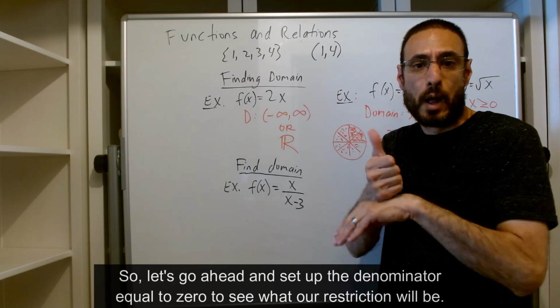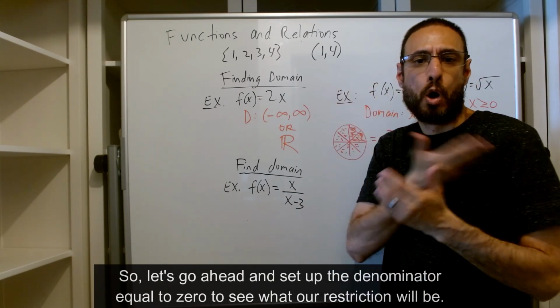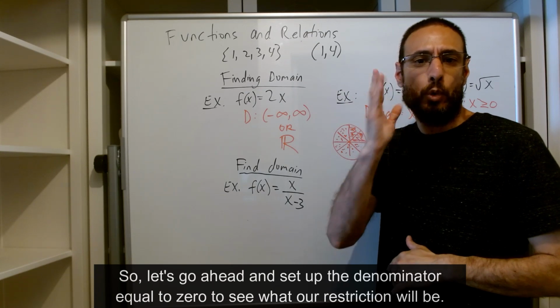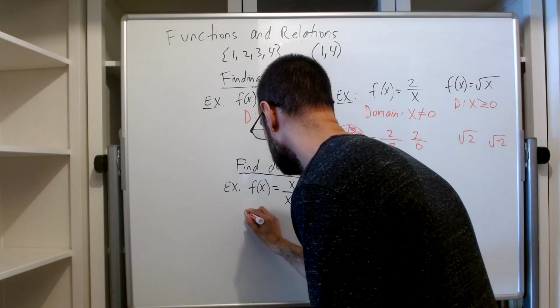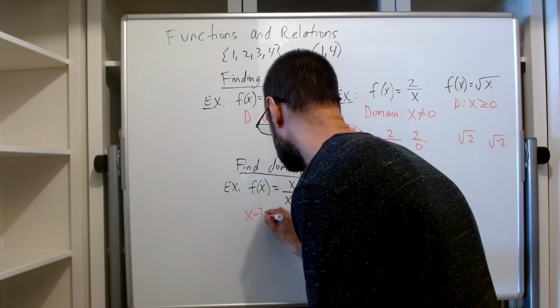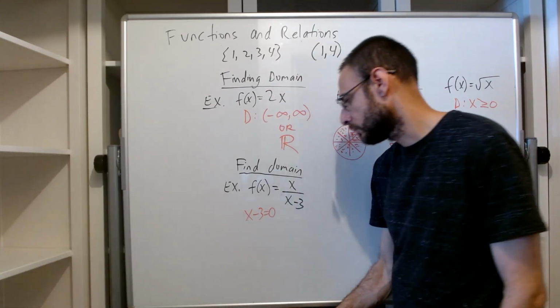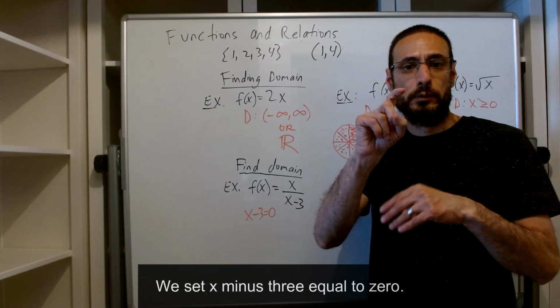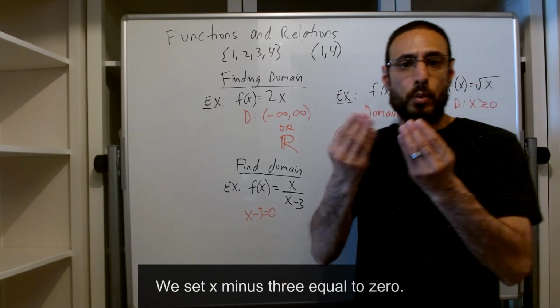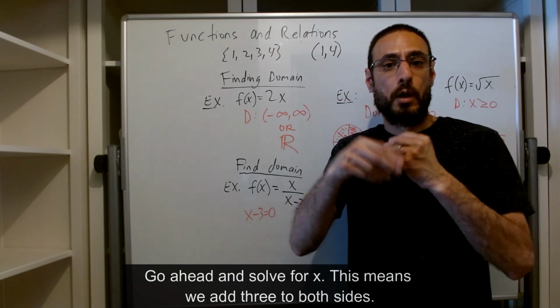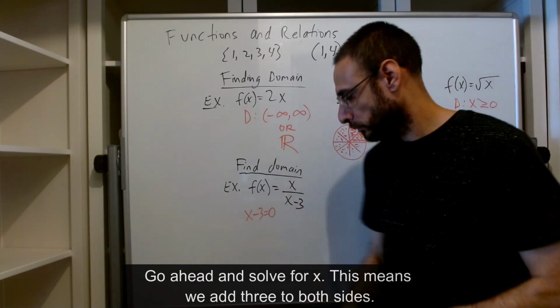So, let's go ahead and set up the denominator equal to 0 to see what our restriction will be. We set x minus 3 equal to 0. Go ahead and solve for x. This means we add 3 to both sides.